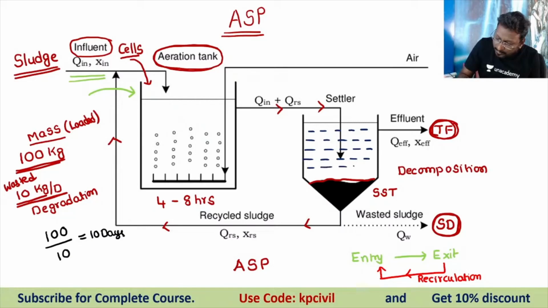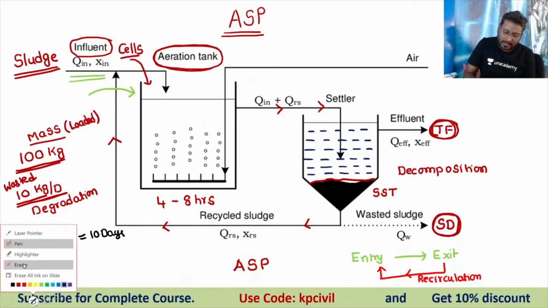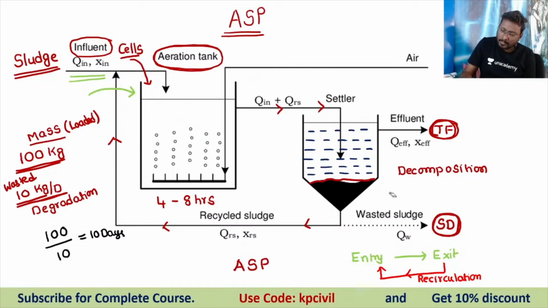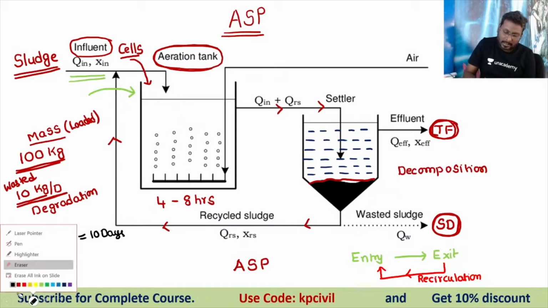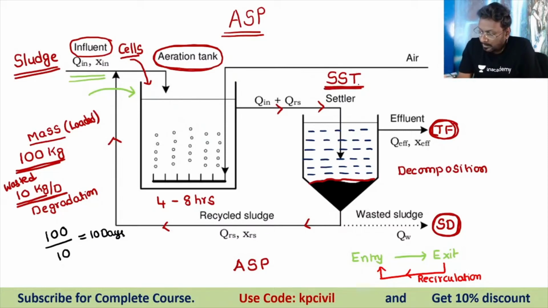Where is the liquid traveling? Settling takes place through the SST, the secondary sedimentation tank. So where is it going again? It is going again to the trickling filter only.